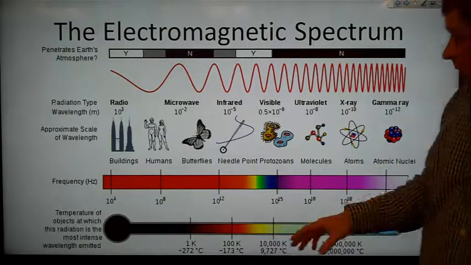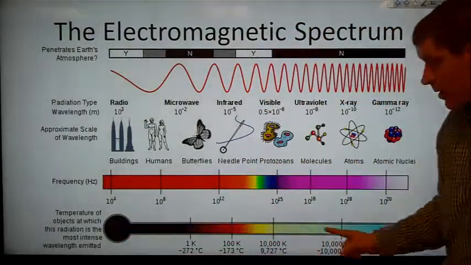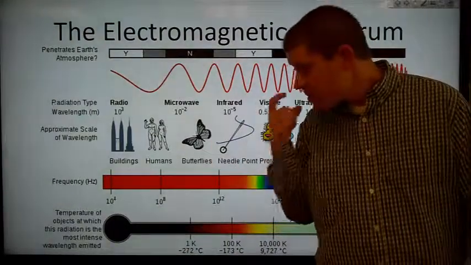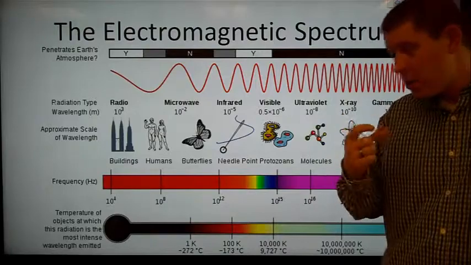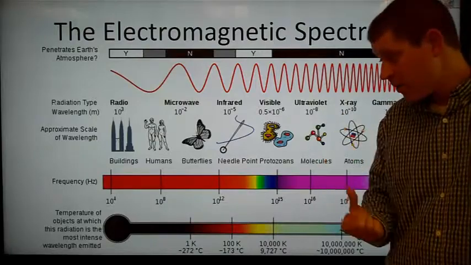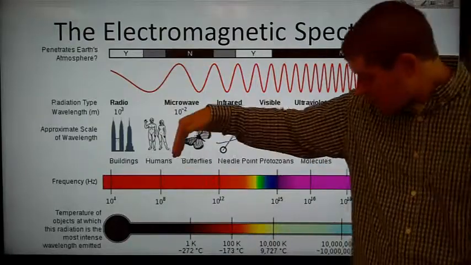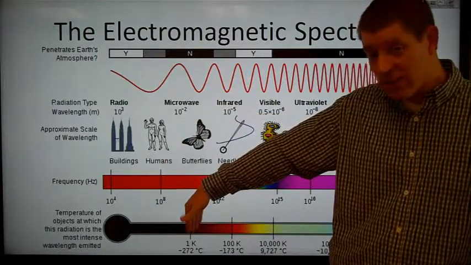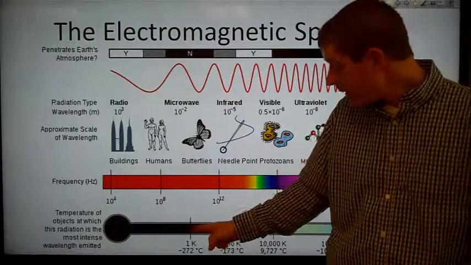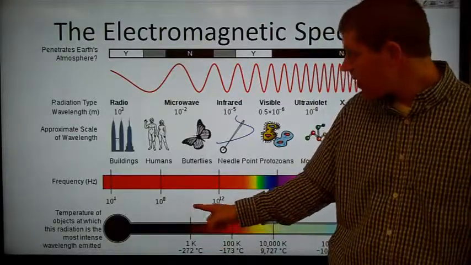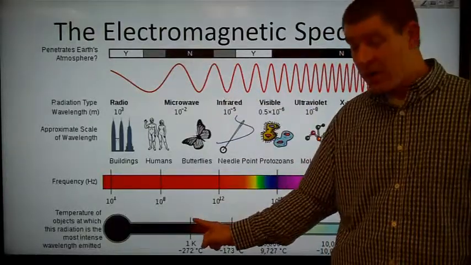Now, down here, you can see this says temperature of objects at which this radiation is the most intense wavelength emitted. So, at very, very cold temperatures, like 1 Kelvin, the most intense light that's given off is here in the microwave region.